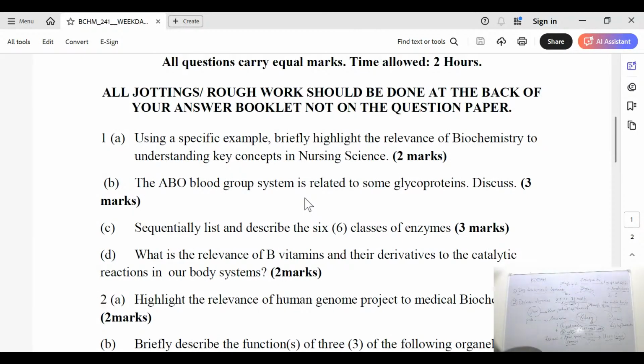So in this case, we are now going to look at the different glycoproteins that are found in these different blood group types.